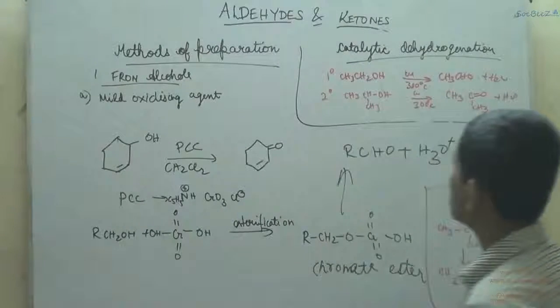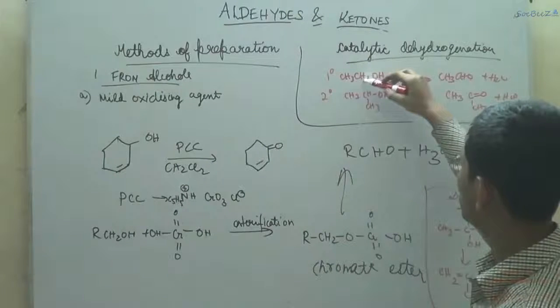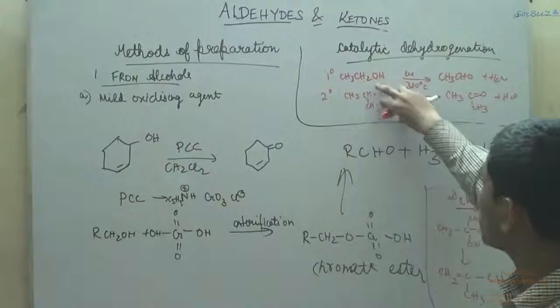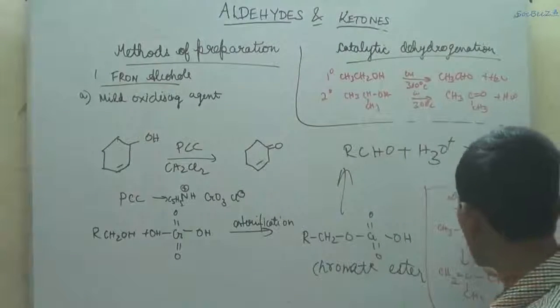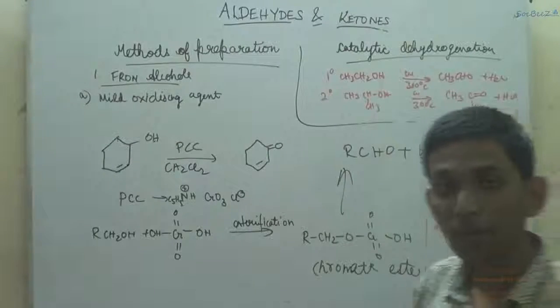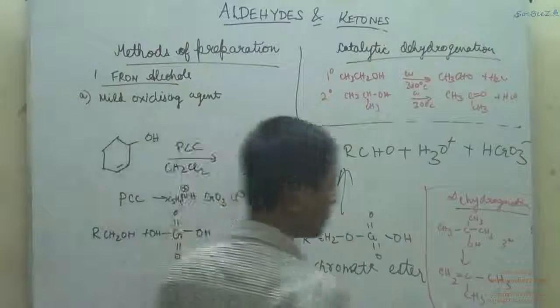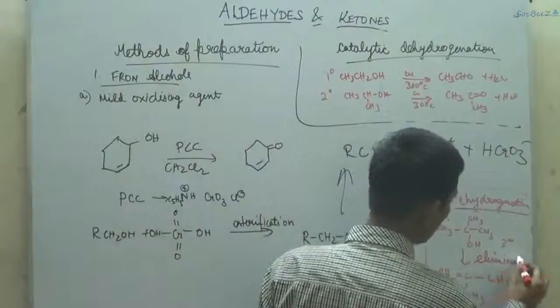In all these cases, you have hydrogen atoms which can be removed. For this, you have this and this hydrogen atom which can be removed. Here also you have two hydrogen atoms for removal. In this case, this carbon has no hydrogen atom for removing. Since there is no hydrogen atom, the only way this can proceed is by elimination, so it eliminates to give an alkene.